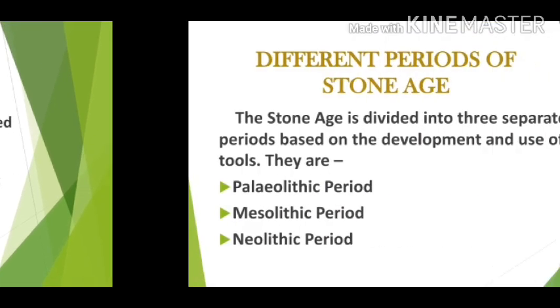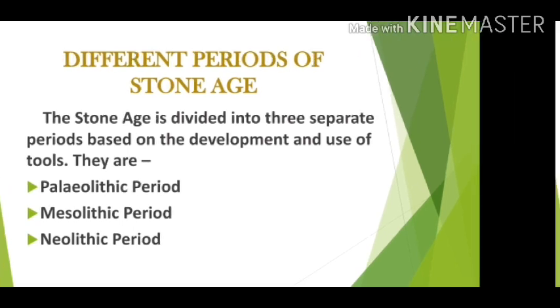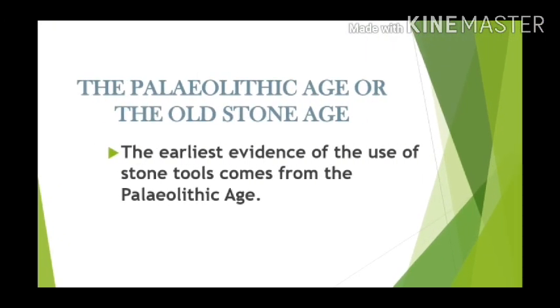Because of which, Stone Age is divided into three separate periods based on the development and use of tools. They are Paleolithic period, Mesolithic period, and Neolithic period. Let us now discuss each period. First one is the Paleolithic Age or the Old Stone Age.